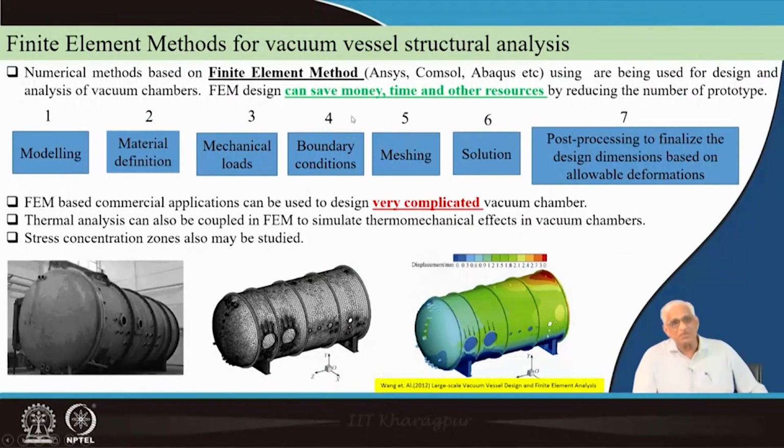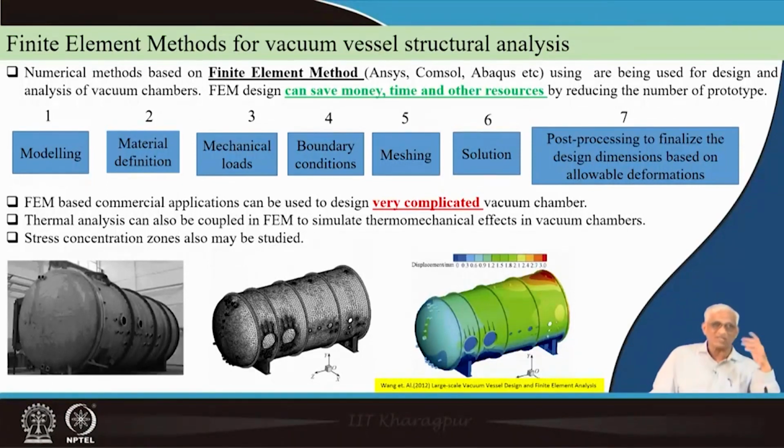Nowadays, very good softwares are available using COMSOL or ANSYS with finite element methods. Same vacuum chamber with stiffeners, for example, cylindrical shells. You have to make some meshing to make finite elements. This is a standard exercise done in structural design as well as CFD. Everywhere you do this.